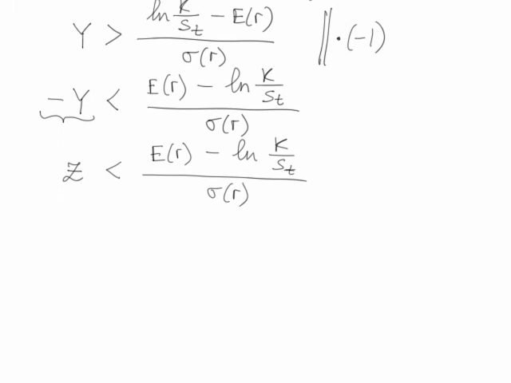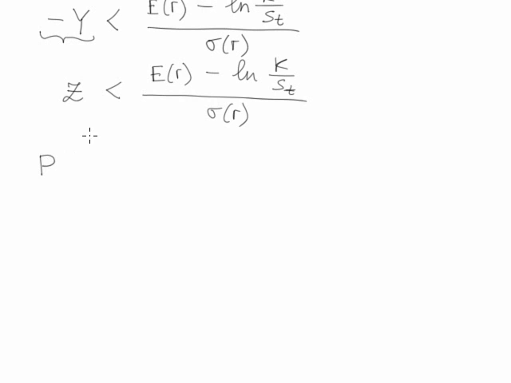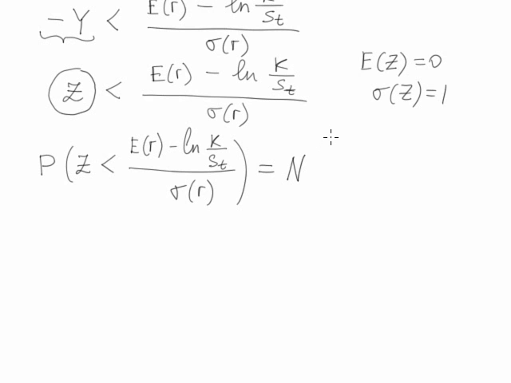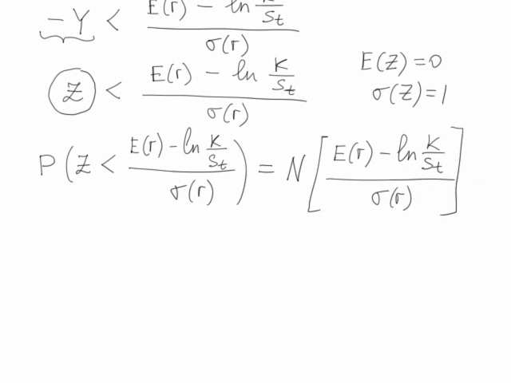The probability that this z is less than this quantity: because this random variable is normally distributed with expectation value 0 and standard deviation 1, there is a special function for it, called the cumulative normal distribution function, and this is exactly the cumulative normal distribution function of this quantity.